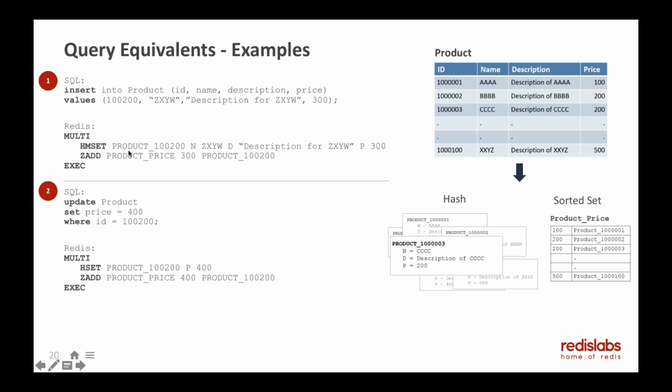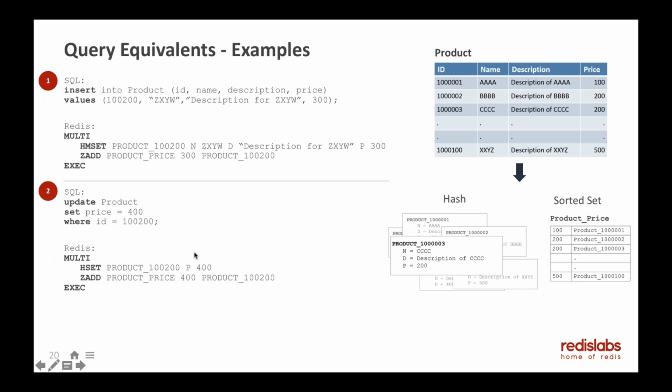So that's the equivalent. Now, if I'm updating a row, and the first example is about inserting a new object, but if I'm updating a row, let's say I update price of a product. Here again, I can use a multi-exec, and here I use hset. So hmset stands for hash multiple set, but hset is you're just updating just one object inside hash.